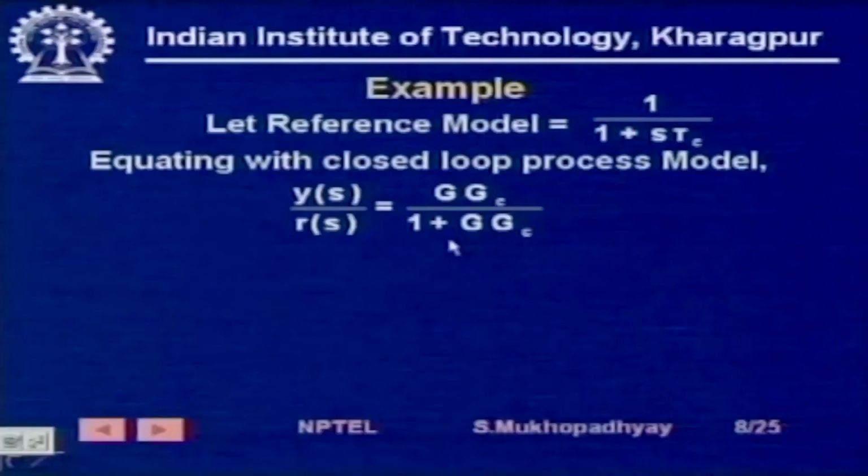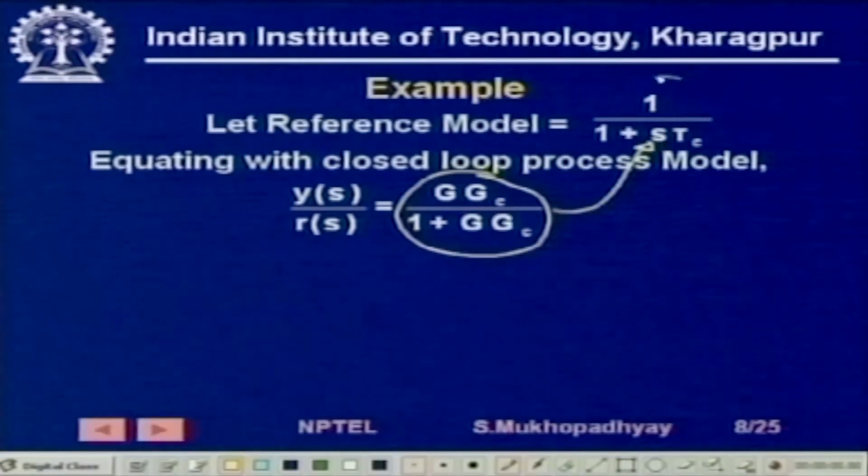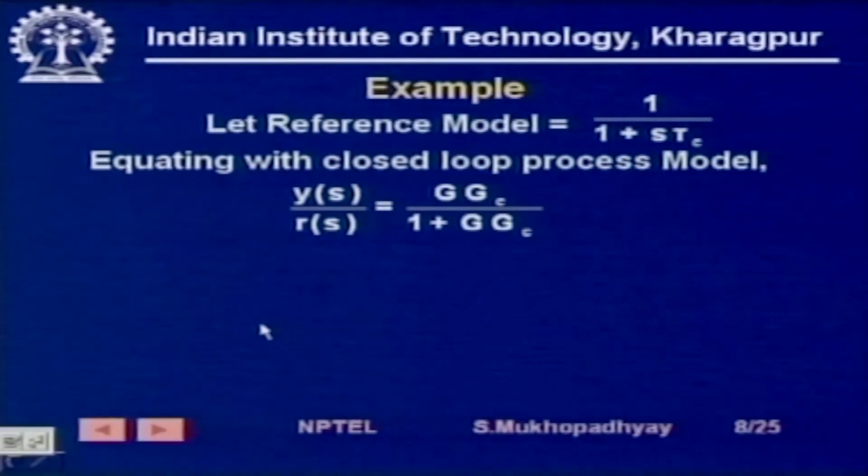So now obviously I want this transfer function, GGc by 1 plus GGc, to equal the reference model transfer function.